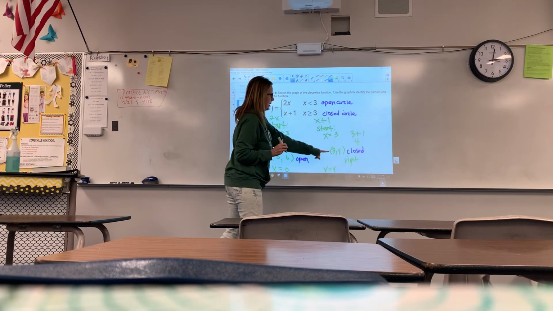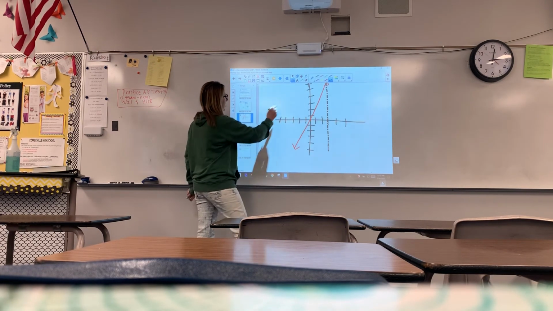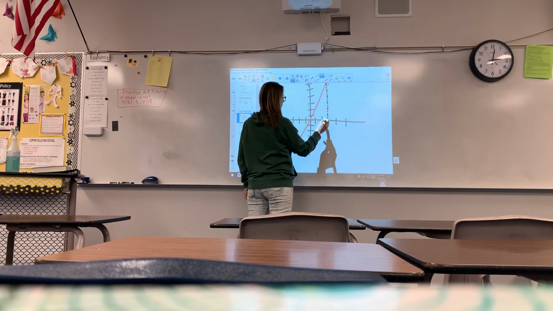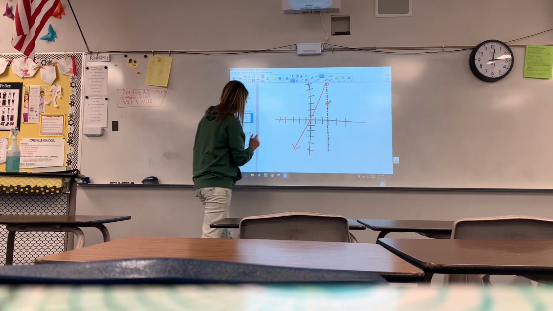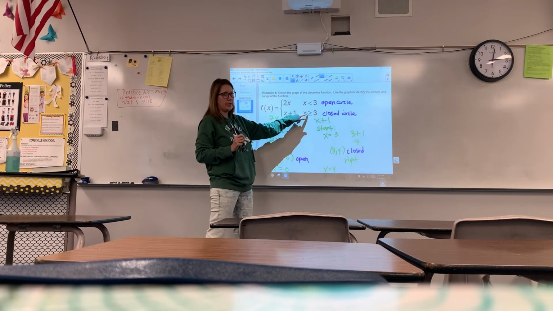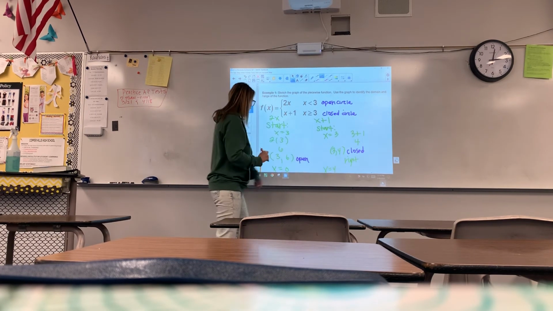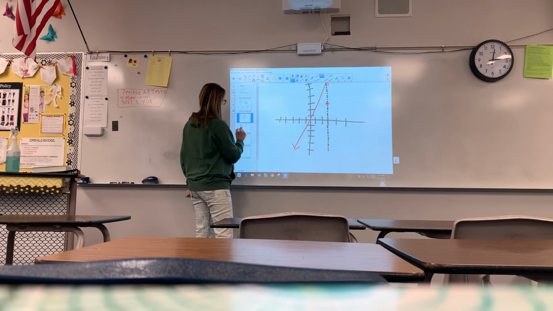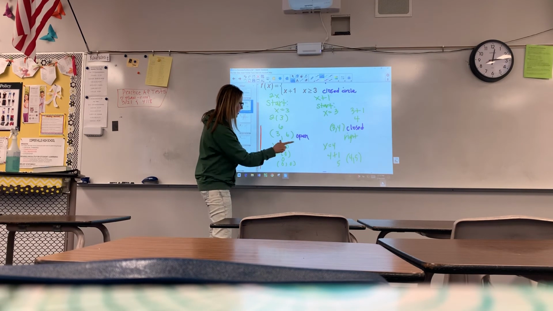My starting point is 3, 4, so I'm going to go to 3, 4, and do a closed circle this time. I go to 3 and then up 4, and this was a closed circle, okay? And on this equation, it's greater than, so that's to the right of 3, and we did another point at 3, 4. Oh, that's the one we already just did. Okay, so down at the bottom, we did 4, 5.